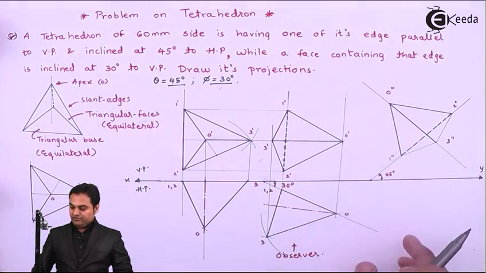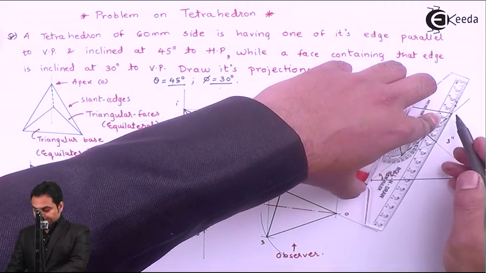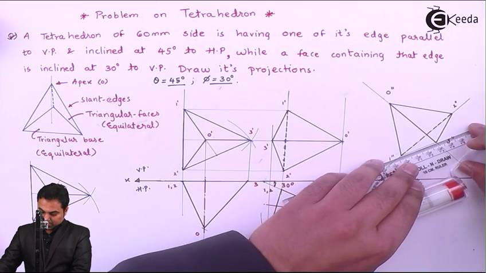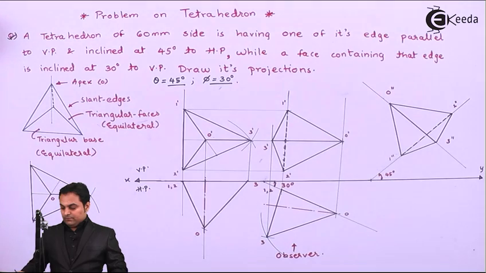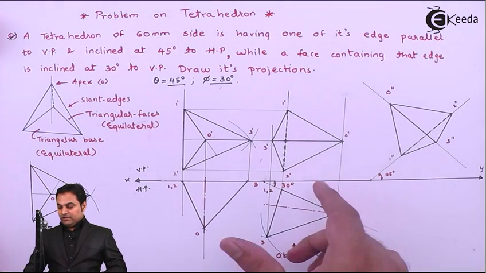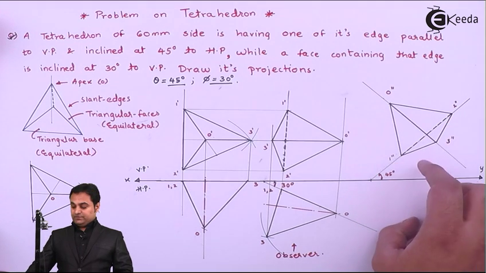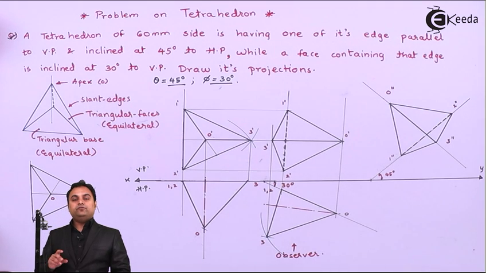Here it is at 45° with HP. Now this is the inclined tetrahedron in which 1 dash 2 dash, that is 1 double dash 2 double dash, is inclined at 45°. Now this is the front view of that tetrahedron.